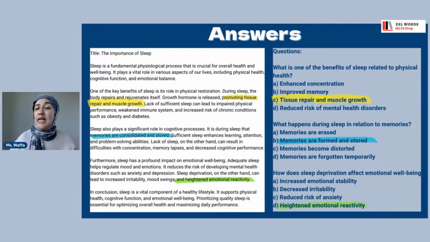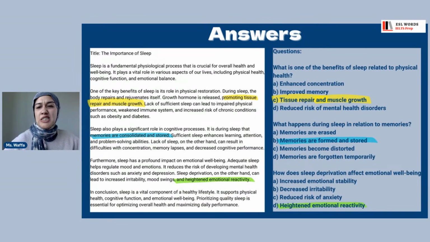So, once again, as you see here, you are able to eliminate each answer. If sleep deprivation leads to you not being in a good mood, it won't increase your emotional stability. That means it helps you get into a better mood? No, it doesn't.